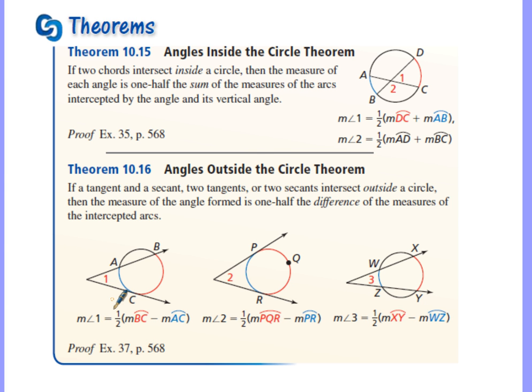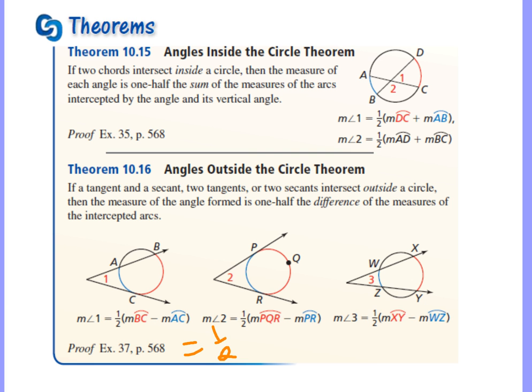And what we've ended up realizing is that the measure of the outside angle created when either a tangent and a secant intersect is just half of the difference of the big arc minus the little arc, okay? So I will forever, and it's so not scholarly, but I will tell everybody forever and always that it is half of the big arc minus the little arc, all right?